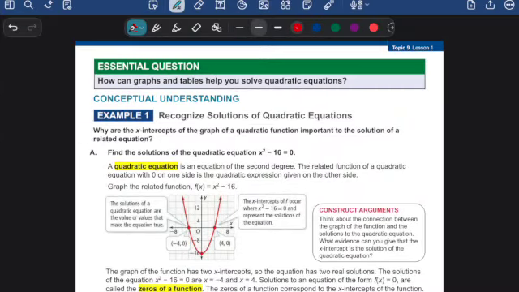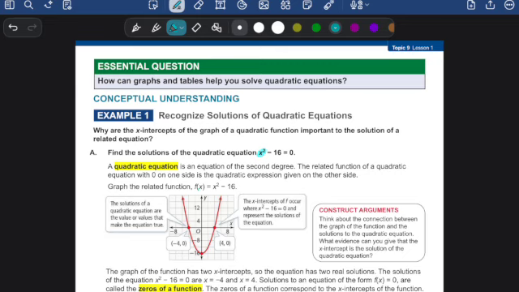So how can graphs and tables help us solve quadratic equations? A couple definitions. A quadratic equation is an equation of the second degree, so we're going to have this x squared term, just like our quadratic functions. And notice that it's set equal to 0. So the related function is just that expression, that quadratic binomial.